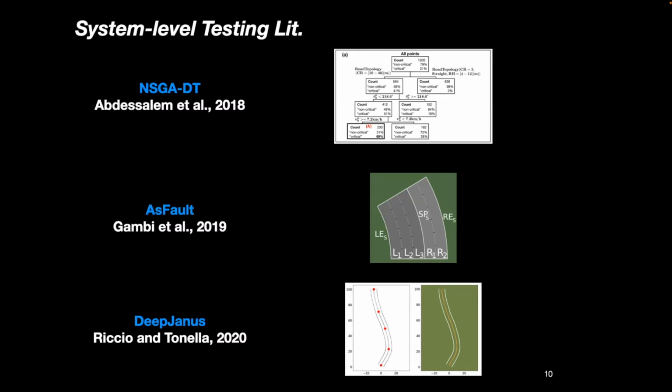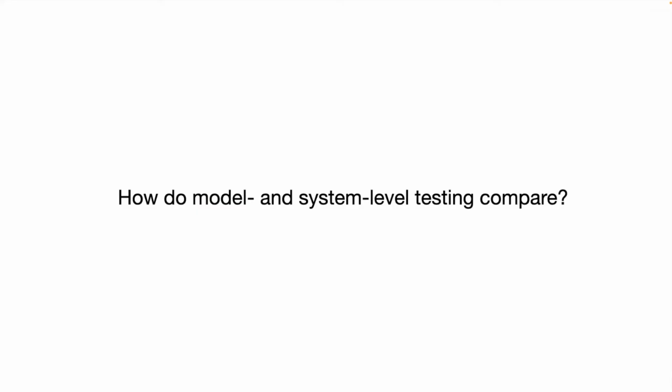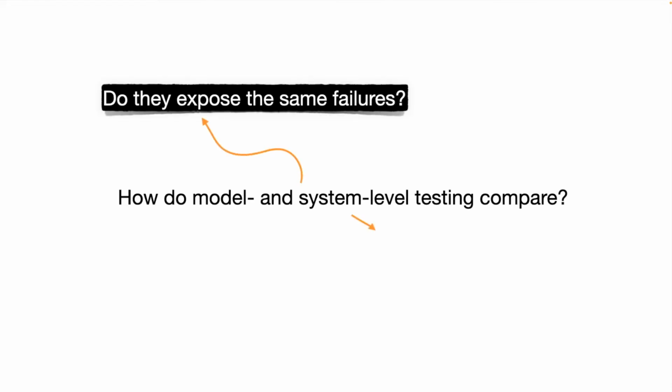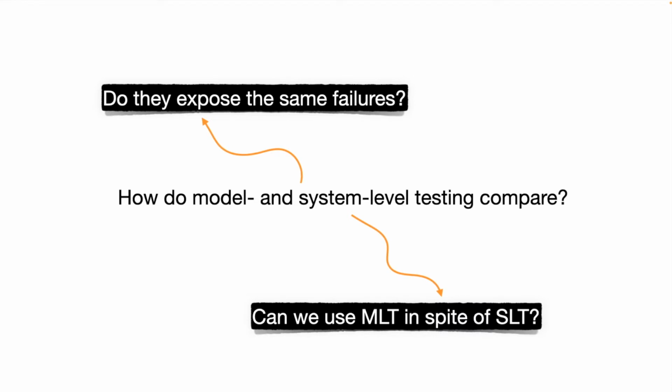But another aspect that is quite interesting is: okay, I have two levels of testing, but how do they compare? The interesting questions here are essentially two. You would like to understand whether they expose the same failures, or even better, if you can use the cheap model level testing as a replacement of the expensive system level testing.